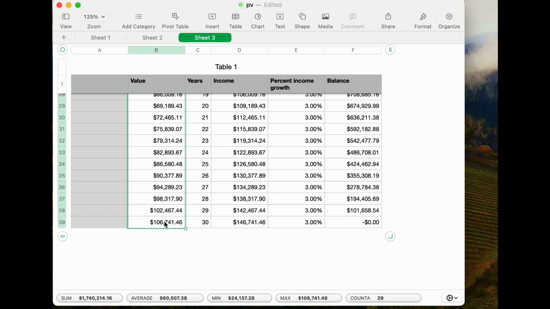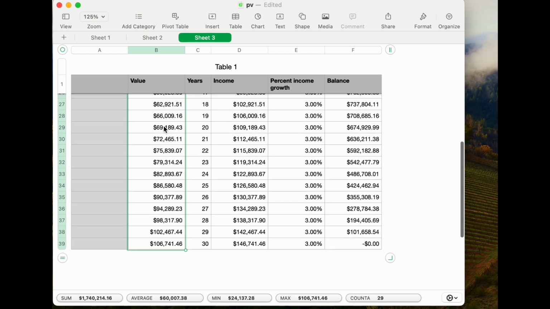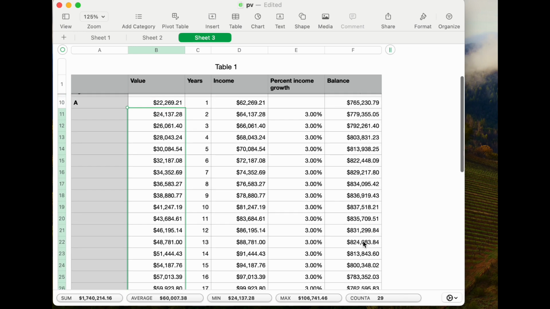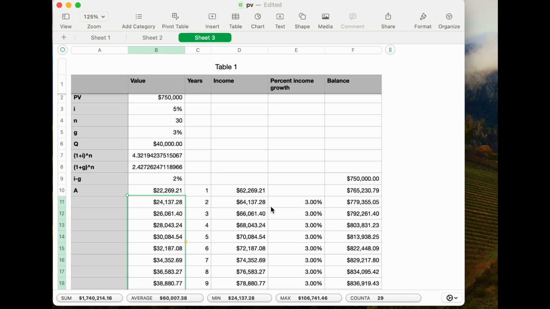Okay, there it is. You can see how the payments increase, and as we subtract that from the balance after 30 years, it does indeed come out to zero, like it should. And each of our incomes increase by 3%.